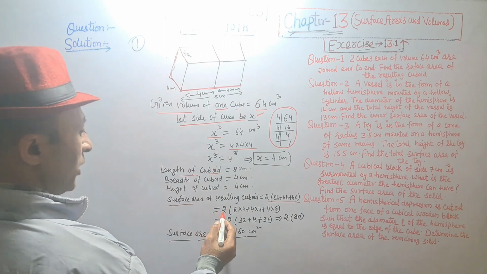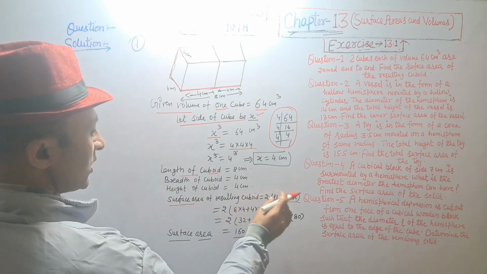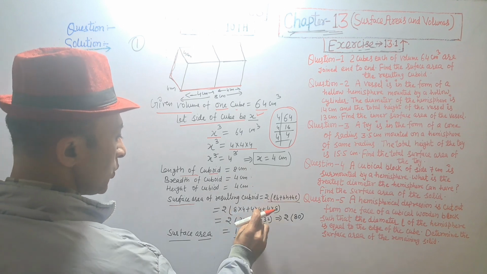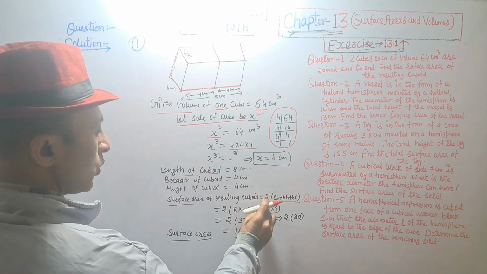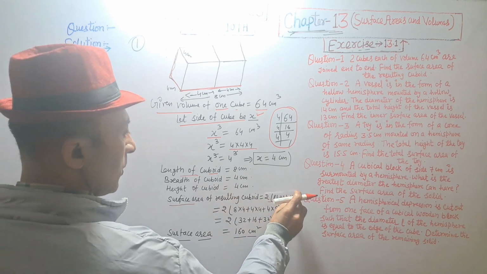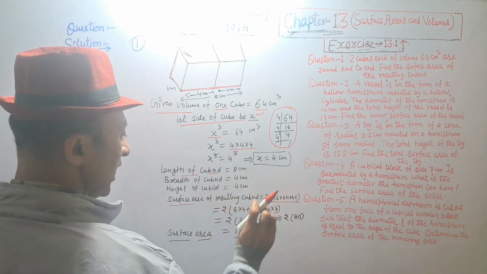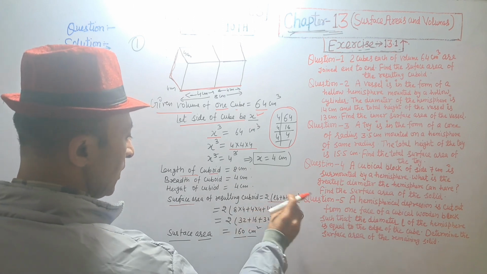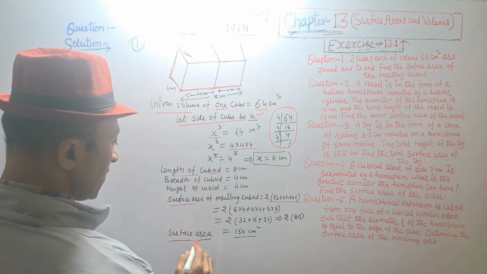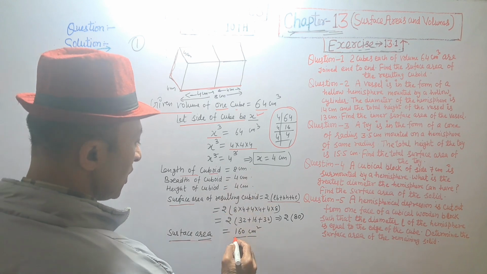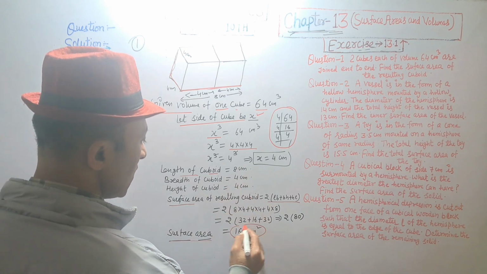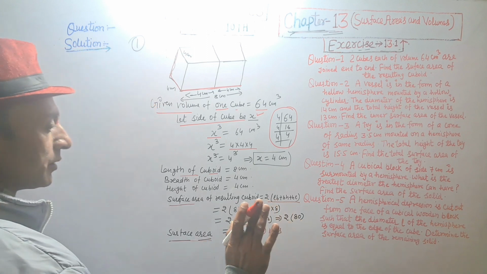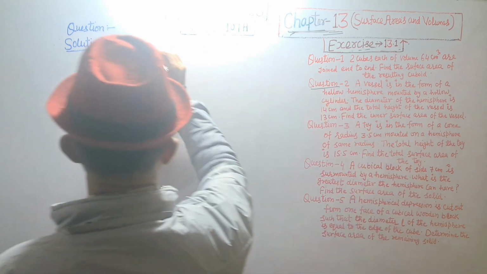Applying the formula, 2 into length is 8, breadth is 4, 8 4s are 32, plus breadth is 4, height is 4, 4 4s are 16, plus height is 4 and length is 8, 8 4s are 32, and their sum is 80. 80 multiplied by 2, we get surface area of resulting cuboid, that is 160 centimeter square. Answer.